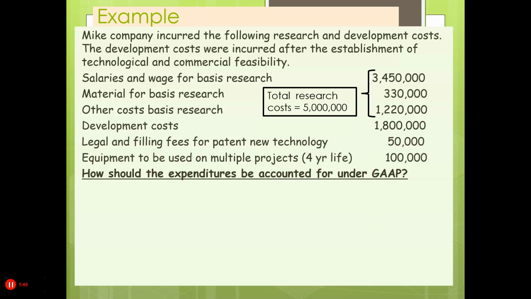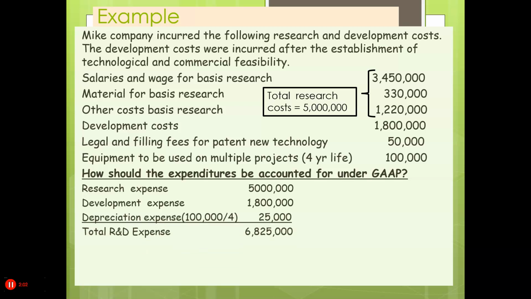So we are going to expense our salaries, material, and other, because those are our total research costs. And we're going to expense our development costs, and then we're going to depreciate our equipment over the 4 years. So in this case, we'd have research and development expenses for the year of $6.825 million.